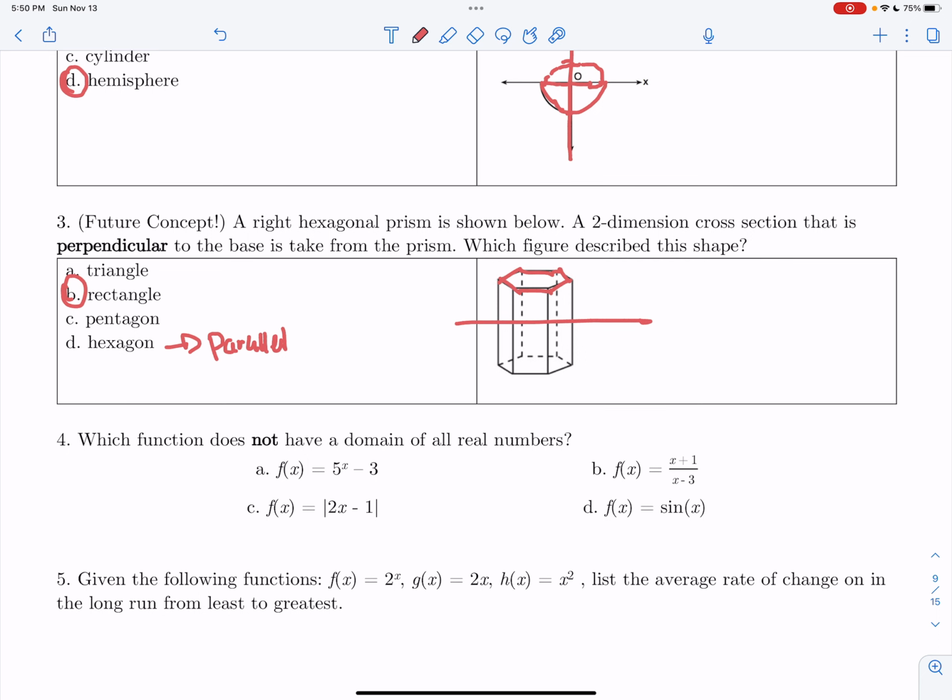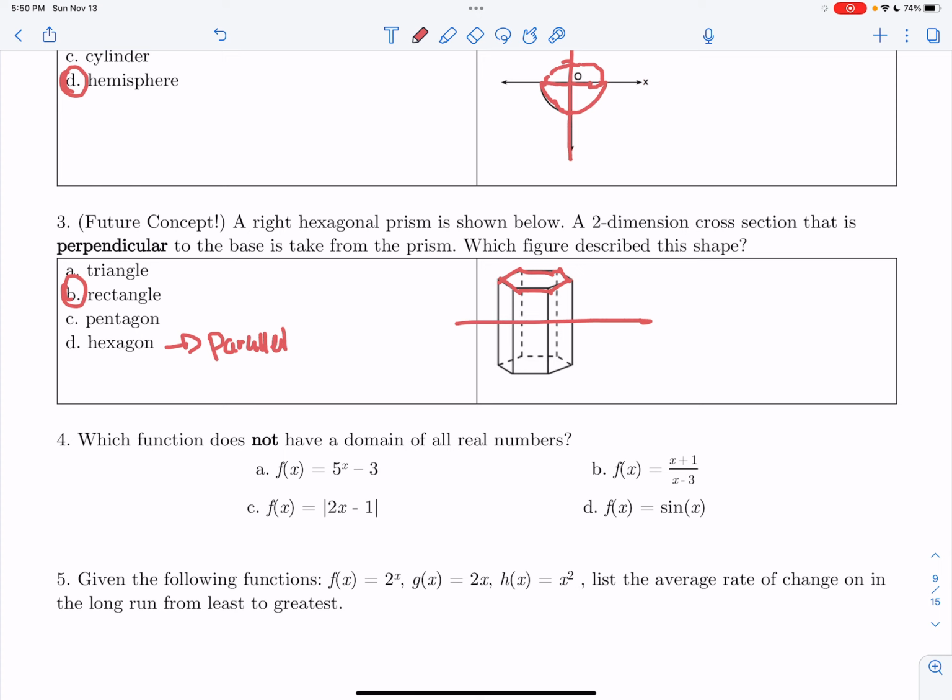Number 4, which function does not have a domain of all real numbers? So A is an exponential function, B is a rational function, C is an absolute value function, and D is a trig function that we haven't really learned yet.